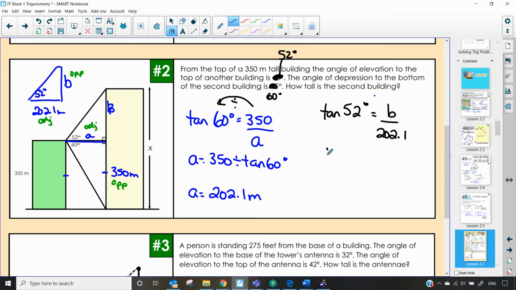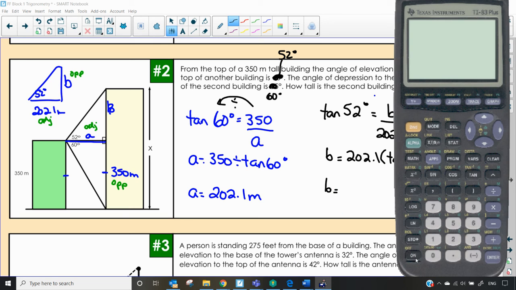Getting B by itself, I'm going to take that 202.1 and multiply by tan 52, and we'll see what answer we get with our calculator. So I'll type in that first step so we have that included. For the first step, we had 350 divided by tan 60. And that gave us our 202.1. And we're going to take that number and multiply by tan 52.